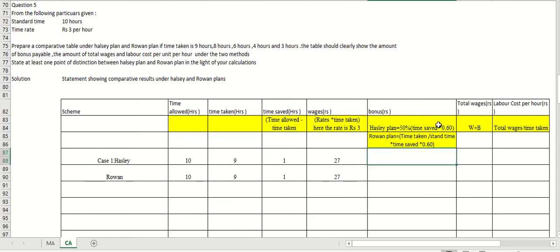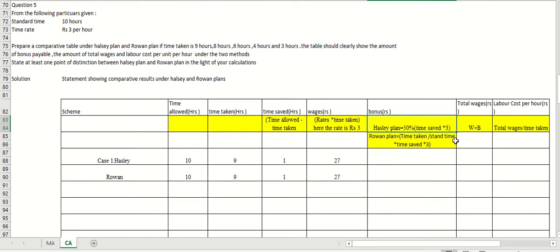So under Halsey method, how are we supposed to calculate the bonus? Halsey method, 50% into time saved into the rate per hour. The rate per hour is 3 here, so we'll put that as 3. So under Halsey method, 50% of time saved into rate per hour.